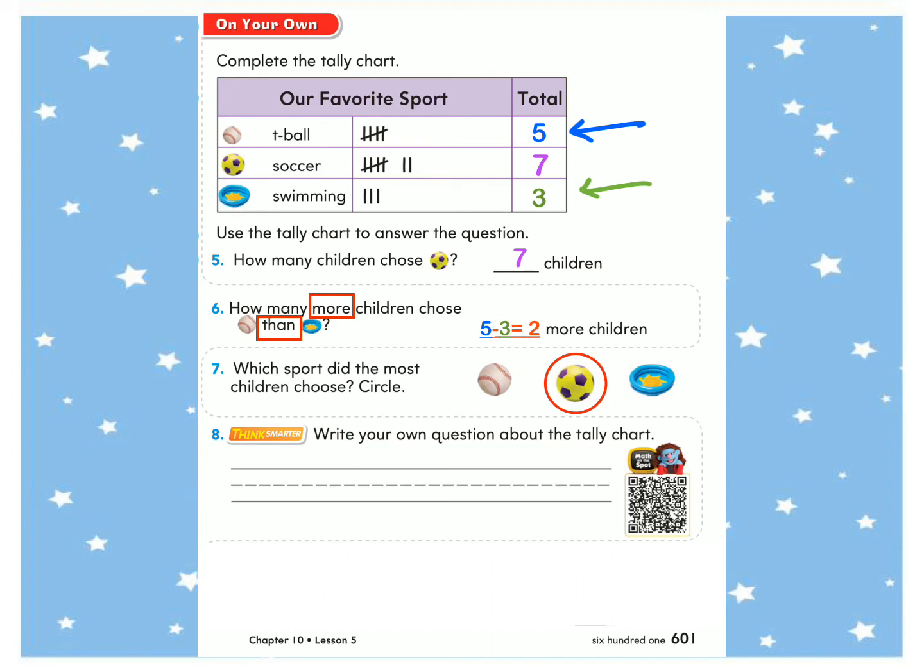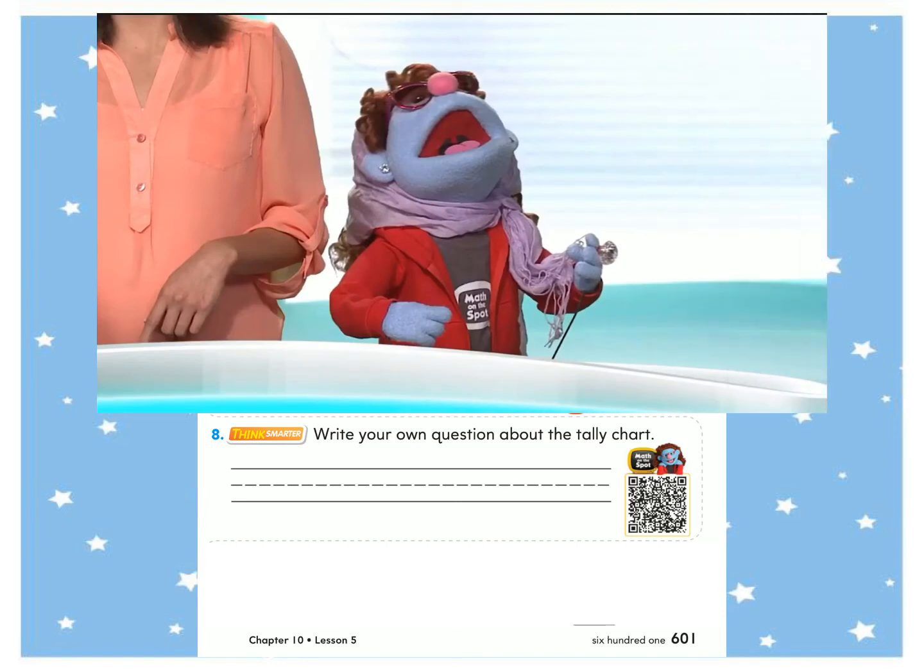Now, to answer the Think Smarter question, we are going to watch the Math on the Spot video to make it easier for us. So write your own question about the tally chart. They want us to write a question about the tally chart that we filled in. So let's watch this video and I will come back to you.